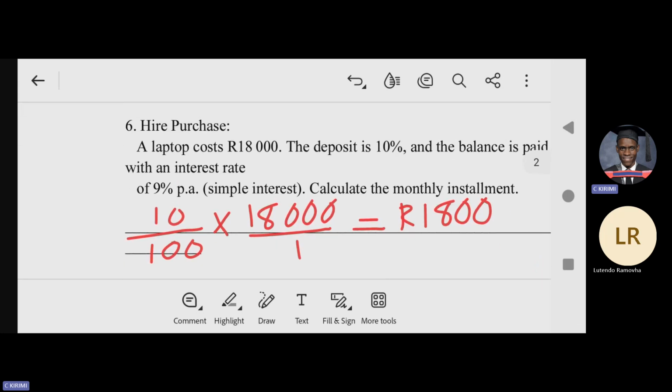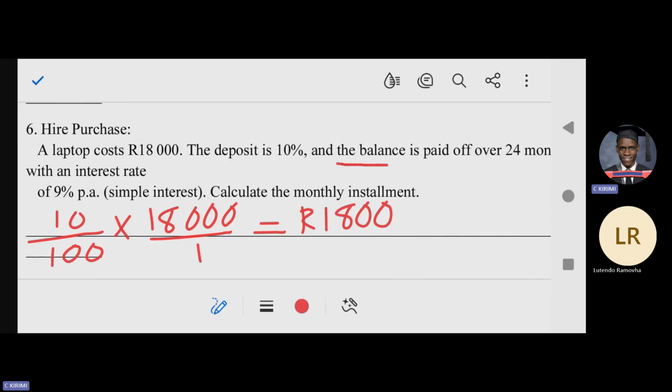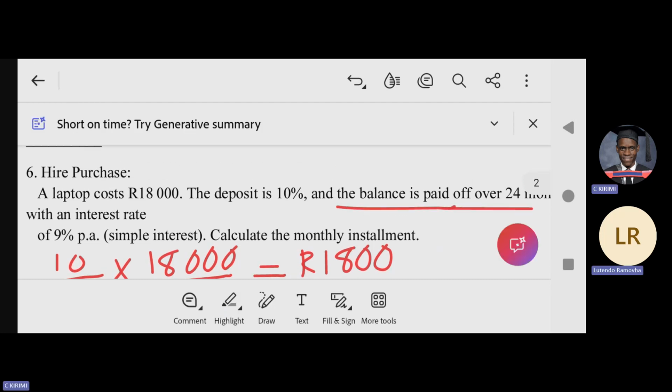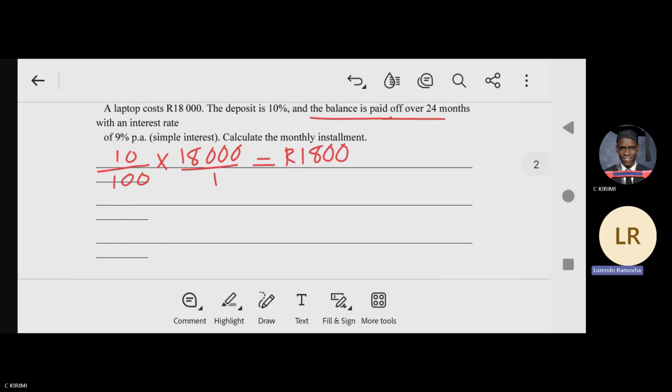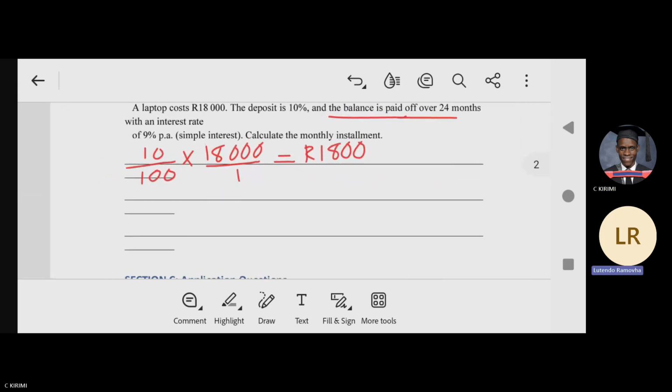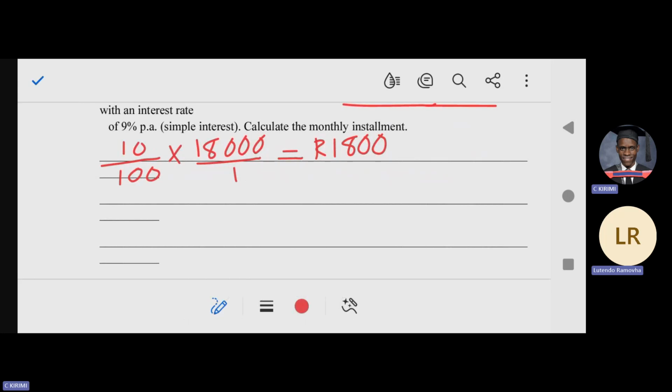So let's see what is this balance which must be paid over 24 months. What do we do next? I calculated the total balance by saying the total cost minus the deposit, which is 18,000 minus 1,800.